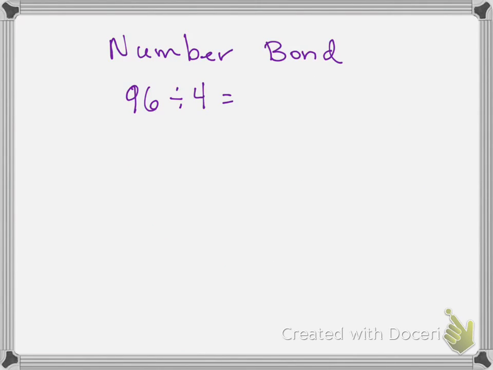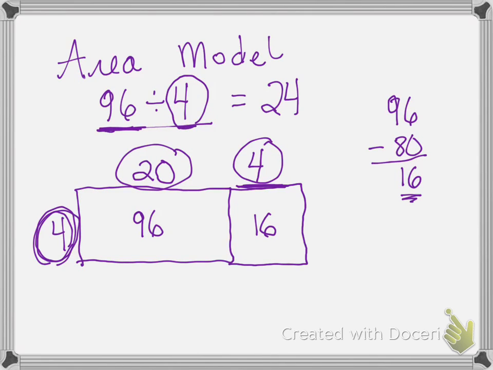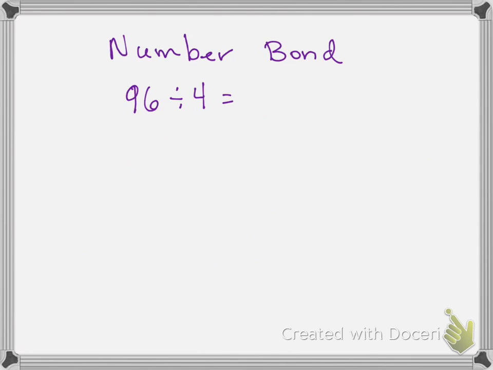All right, here's a number bond that we want to use to figure out what is 96 divided by 4. In the previous slide, we used the area model. Another way of doing it is doing a number bond. So let's put 96 in a circle on the top, and we're going to break 96 down until we get our answer. So let's split 96 apart. 4 goes into 90, and the closest we can get, if we count by the tens, would be 20.